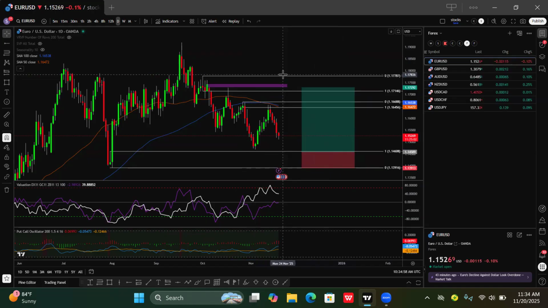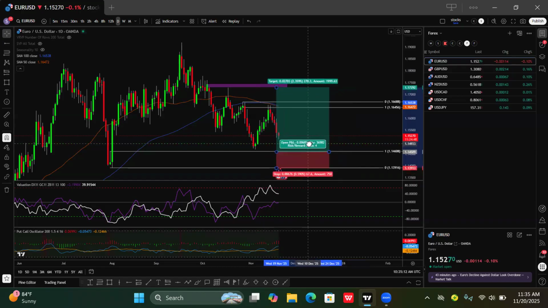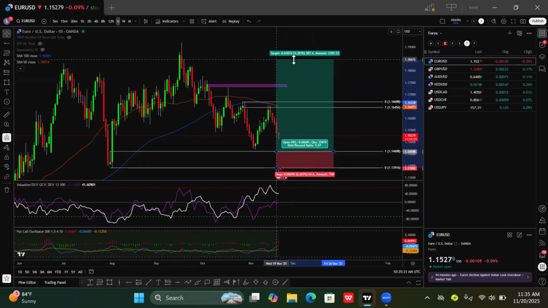So if I get any setup on here before the Fed's meeting, and the forward guidance looks quite good for a buy, I would definitely buy euro dollar and hold up until 1.19.